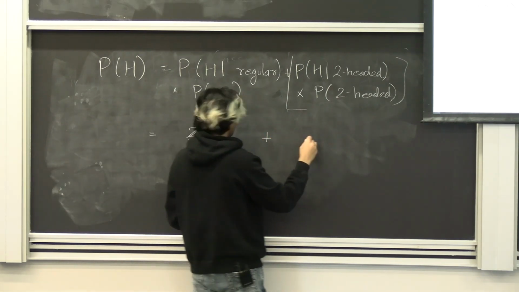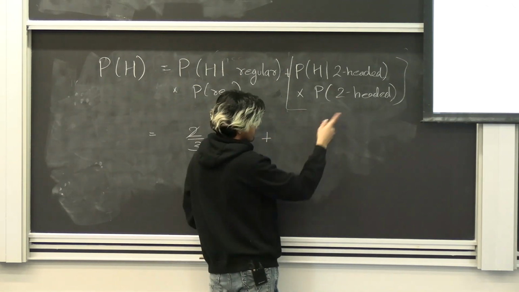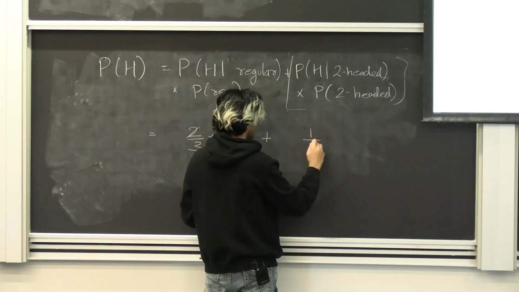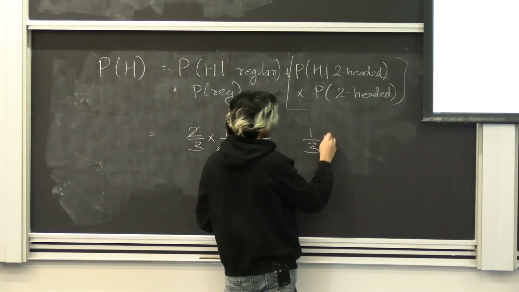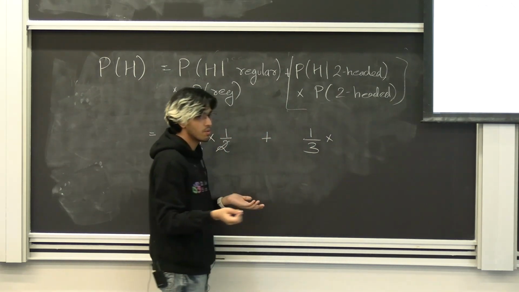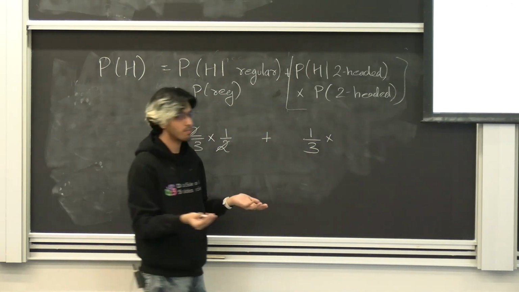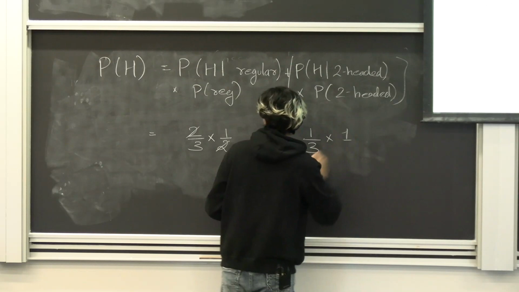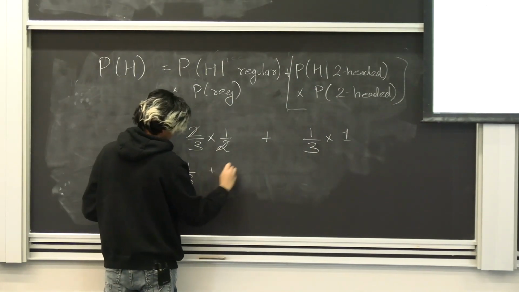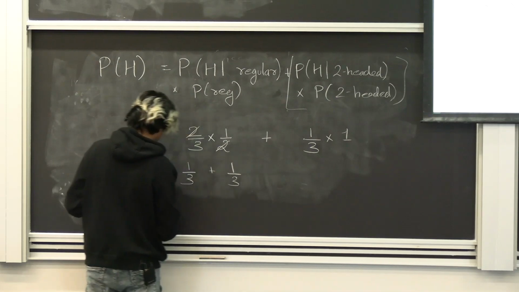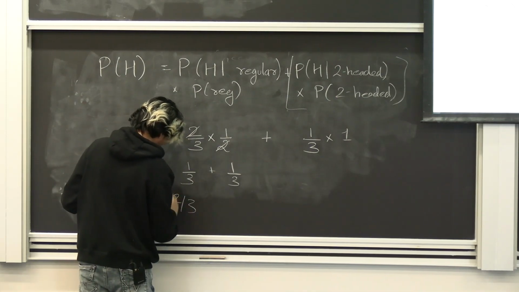Similarly, what's the probability of the random coin you picked being 2-headed? There's only 1 such coin out of the 3. And what is the probability of you landing heads when it's a 2-headed coin? It's 1, it's 100%. So overall, you get 1/3 plus 1/3, which is 2/3.